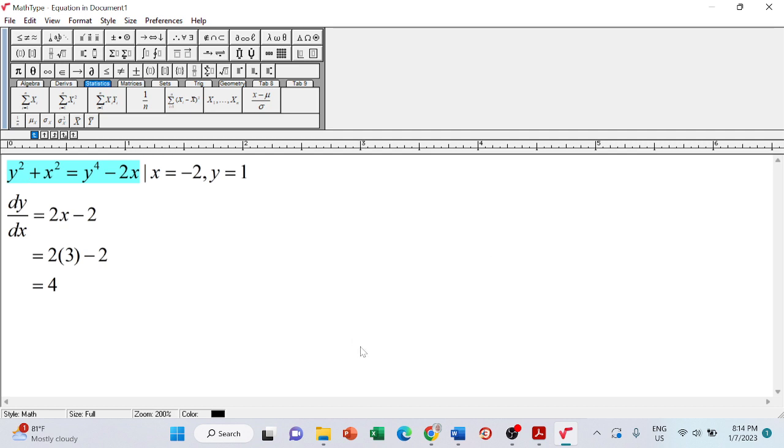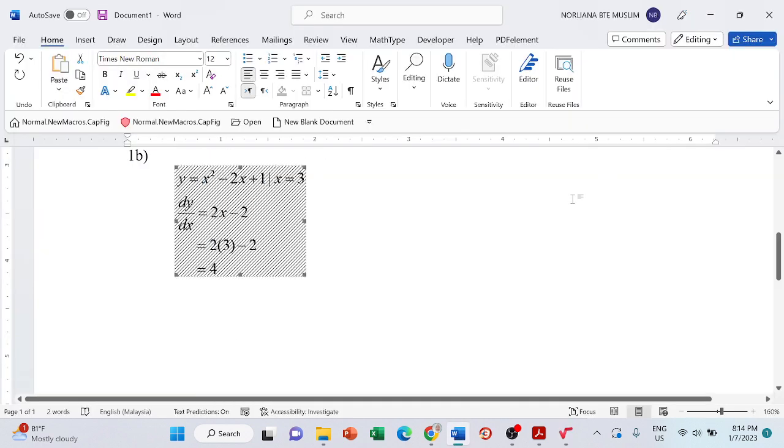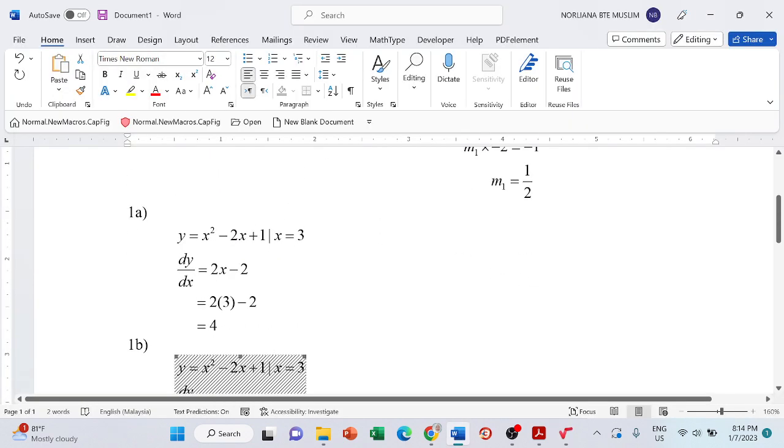Compared with the function in 1a, where the equation is y equals x squared minus 2x plus 1, the degree or power of y is 1, the highest is 1. So this is an explicit function.